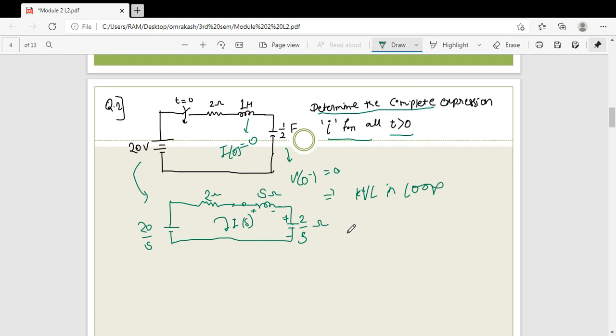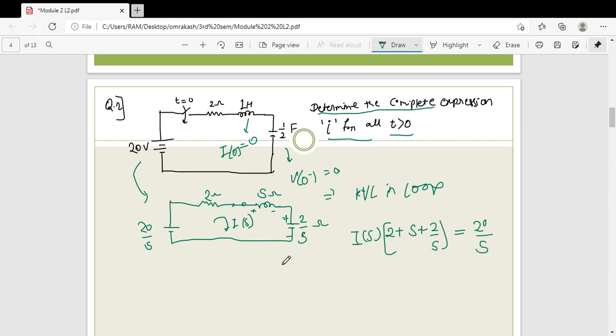When you apply KVL, you will find this equation: I of S times (2 plus S plus 2 by S) is equal to 20 by S. Right? This is the voltage source.